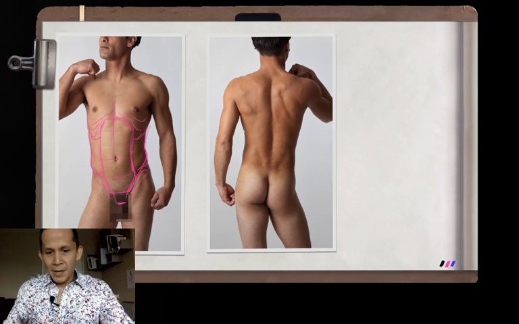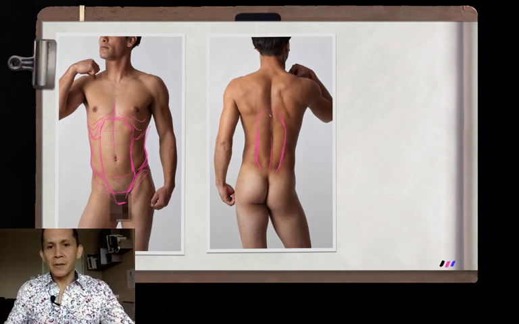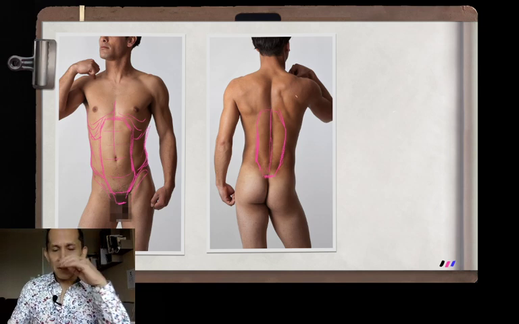And then on the back, what works similar to the abs is what's called the sacrospinalis or erector spinae. These are a group of muscles. Now, they're not as flexible as the abs. You can only bend so far backwards. You're not really meant to.